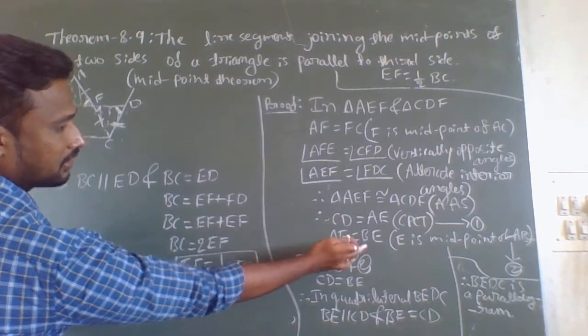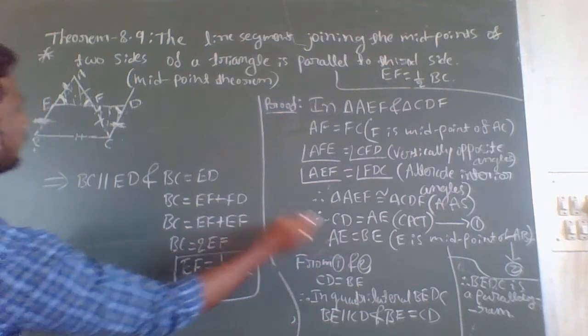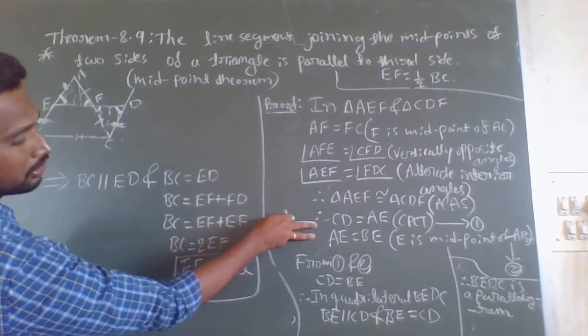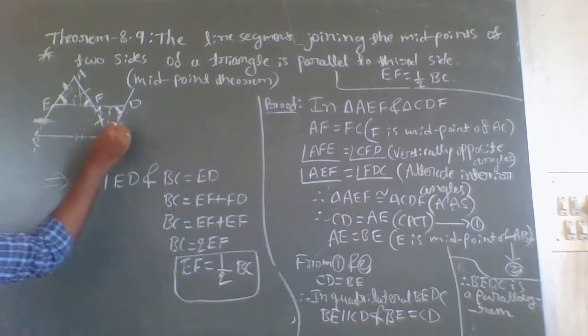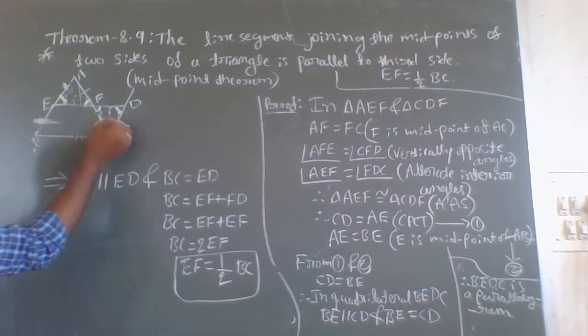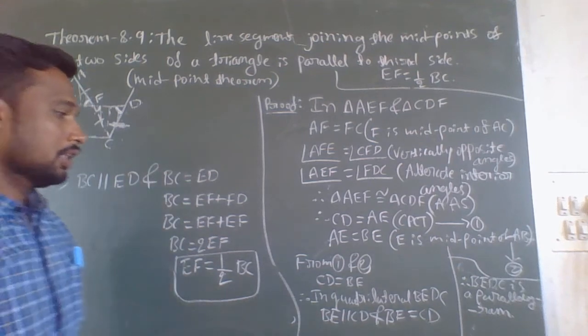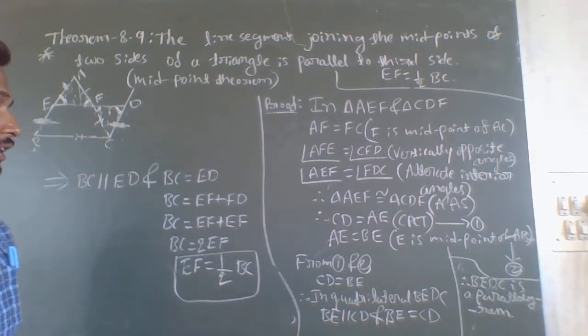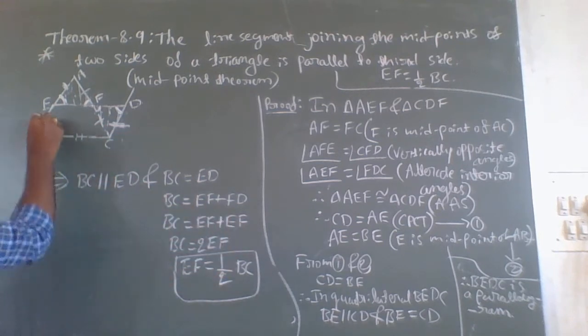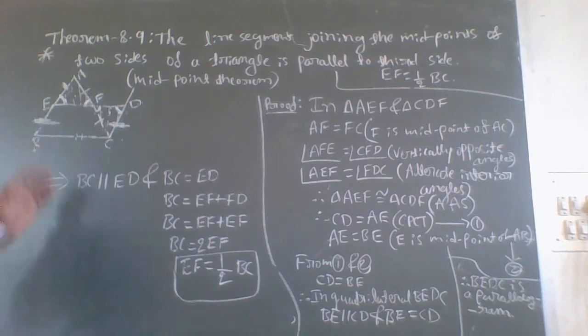So here we get first and second. This is second, AE is equal to BE. So now by these two, from 1 and 2, these two sides are equal. If these two sides are equal, by construction we know that these two sides are parallel also. So in quadrilateral BEDC, these two sides are parallel by construction, and we proved these two sides are equal, then we can say that this BEDC is a parallelogram.